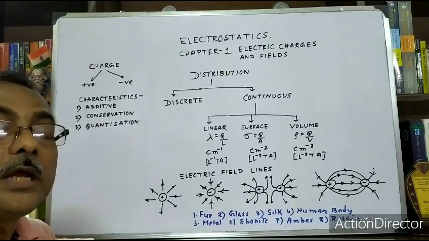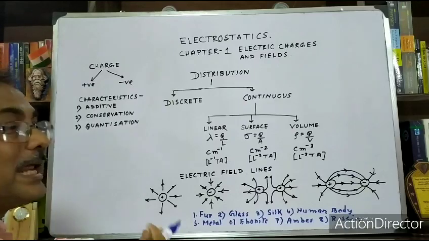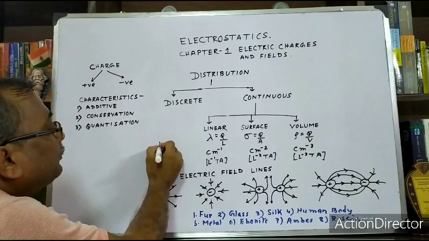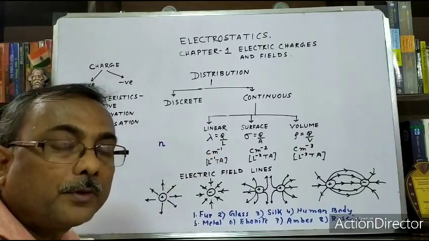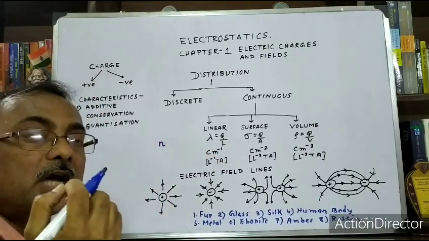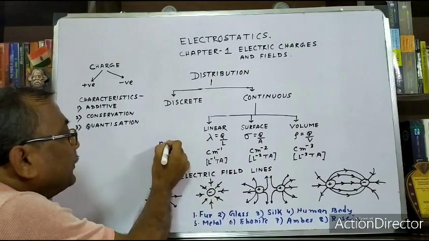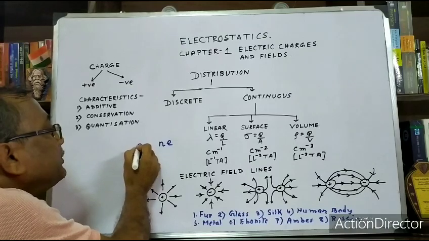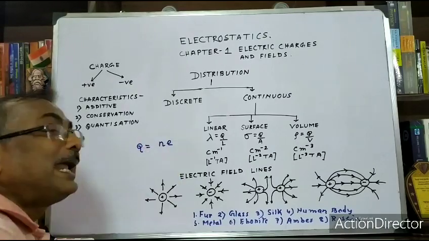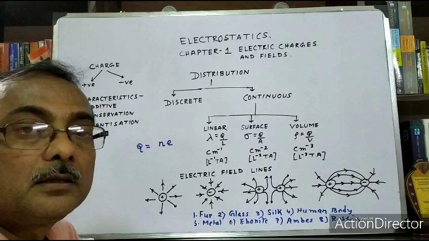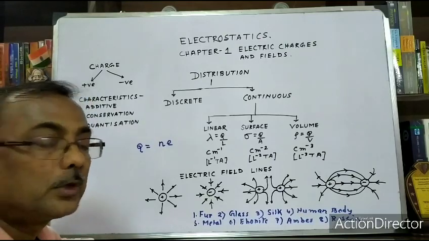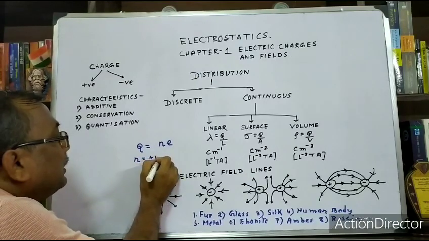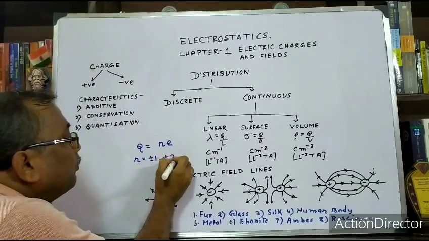So on the basis of quantization of charge, if an object contains n number of electrons, and as we know that the charge of each electron is e, therefore the charge of the body will be represented by Q equals n e. This n is an integer value which takes plus minus 1, plus minus 2 and so on.